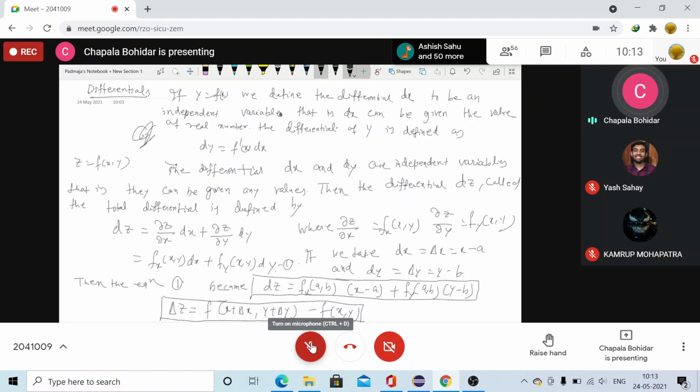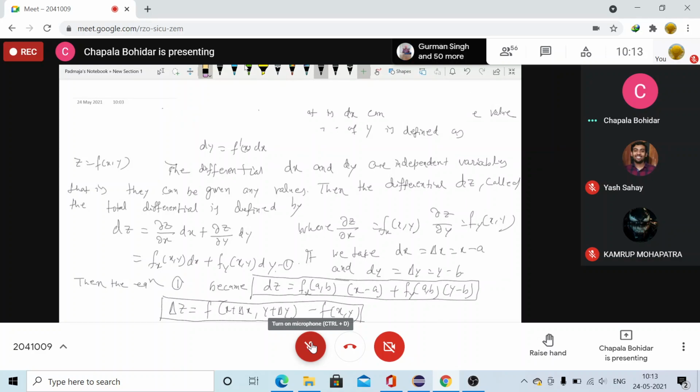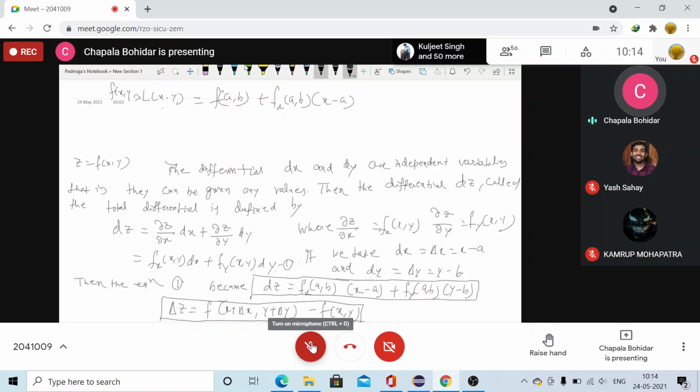Here, the linear approximation. What is the formula? The linear approximation formula is f of x, y is nearly equal to L of x, y, which is equal to f of (a, b) plus fx of (a, b) times x minus a plus fy of (a, b) times y minus b.